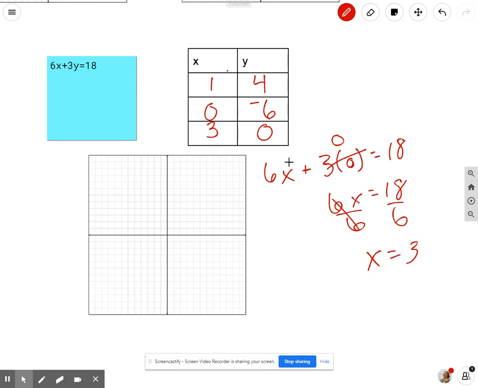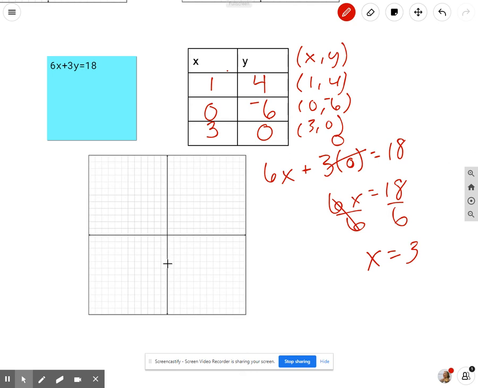So now that I've filled this out, what I really have is 3 points that I can graph. What I do with the table of values, I'm getting points. I get an x value for a point and a y value. So I have the point 1, 4, the point 0, negative 6, and then the point 3, 0. All right, so I'm going to put these points on my graph.